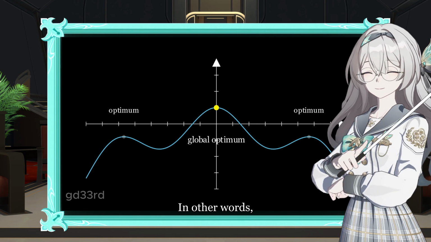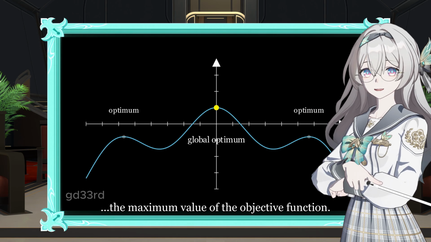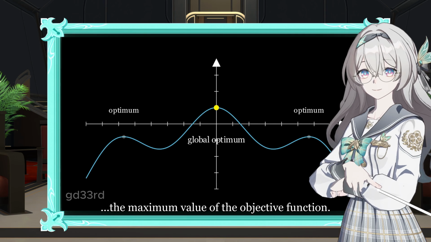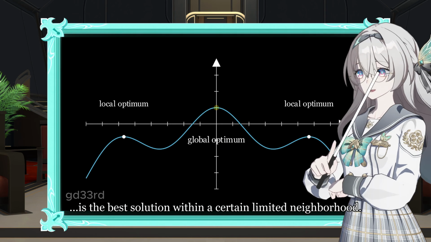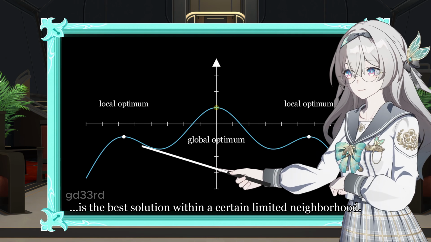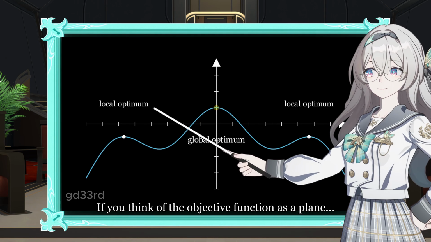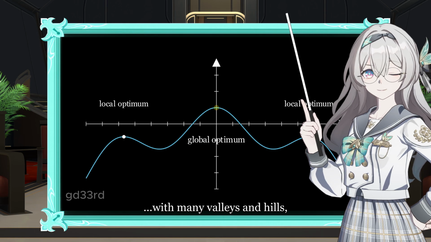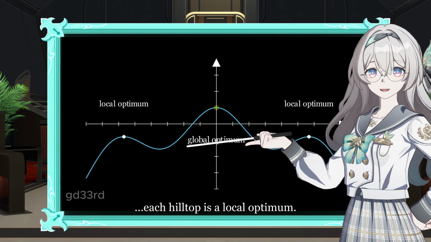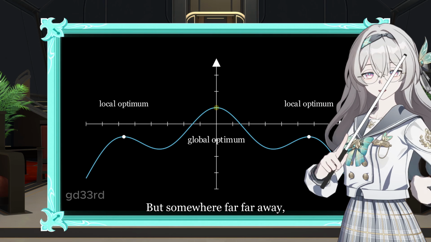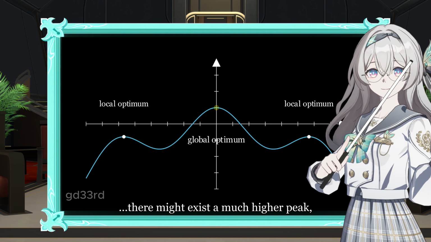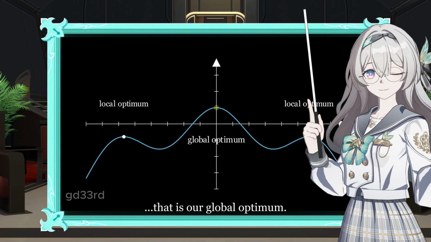In other words, it is the vector of solution that gives the maximum value of the objective function. The local optimum, on the other hand, is the best solution within a certain limited neighborhood. If you think of the objective function as a plane with many valleys and hills, each hilltop is a local optimum. But somewhere far, far away, there might exist a much higher peak. That is our global optimum.